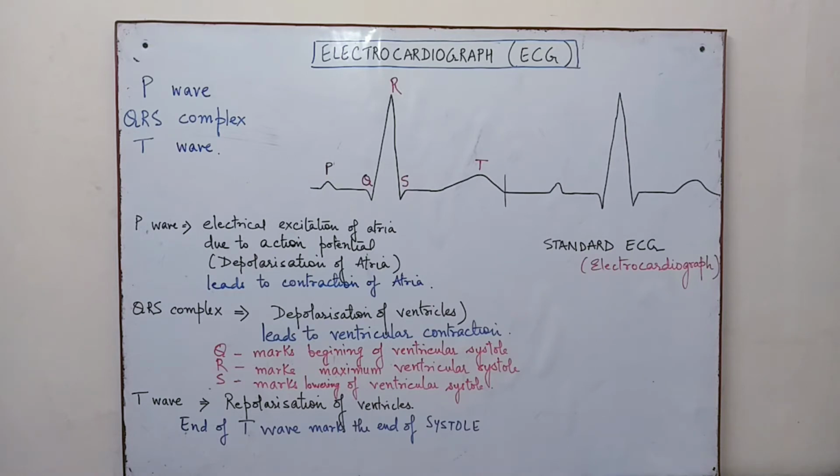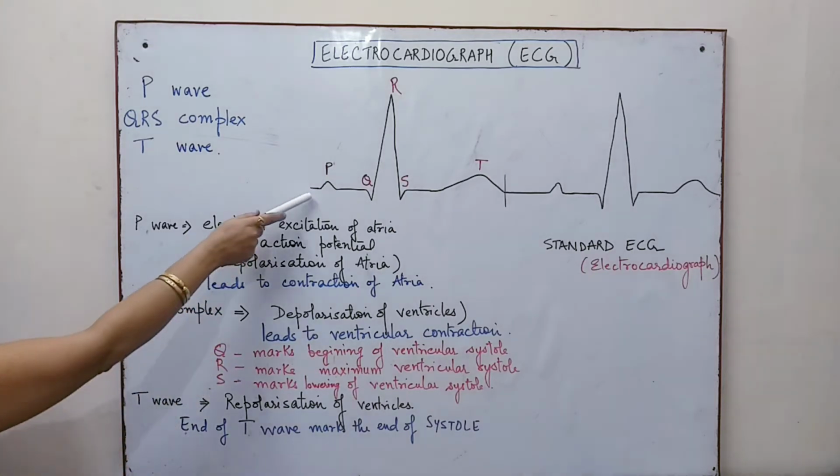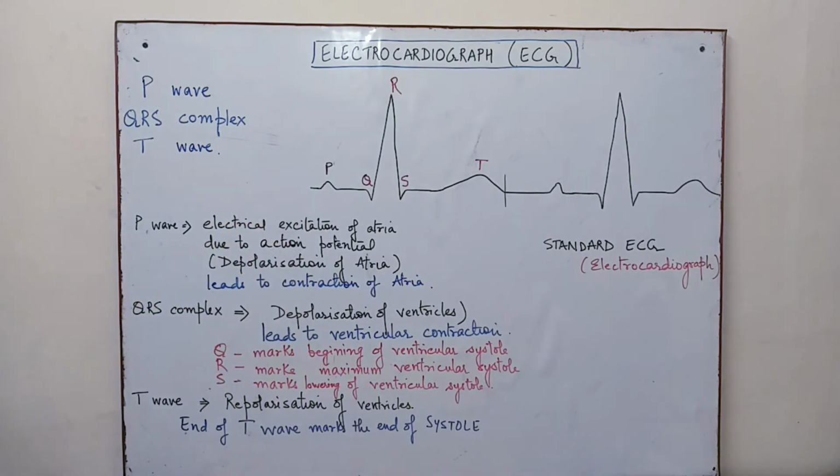So it will be checking. This is the standard ECG we have taken over here of a normal healthy person, and it is showing the electrical conductivity of a heart during a cardiac cycle.